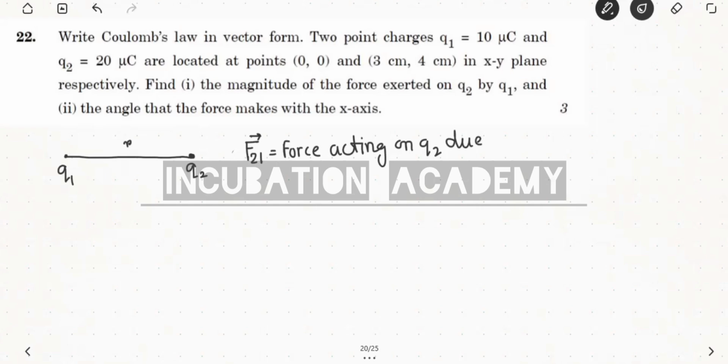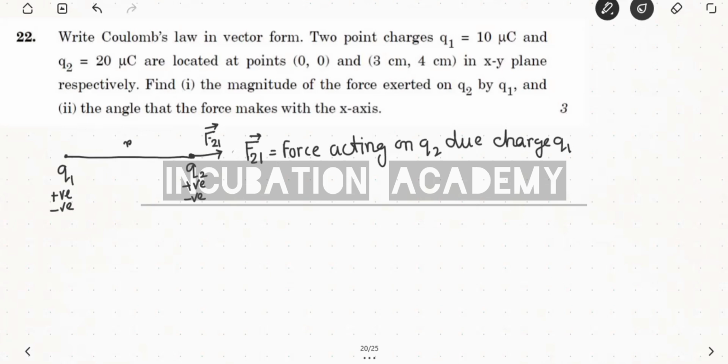It may be attractive, it may be repulsive, and depending on that the force vector will change. If both are positive or both are negative, that means they are of the same nature, then Q2 will feel repelled, in that direction, due to the presence of charge 1.